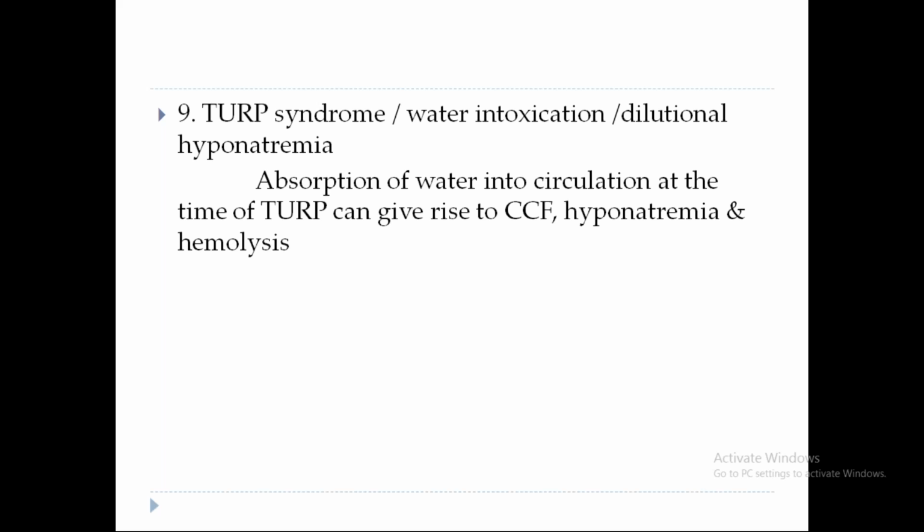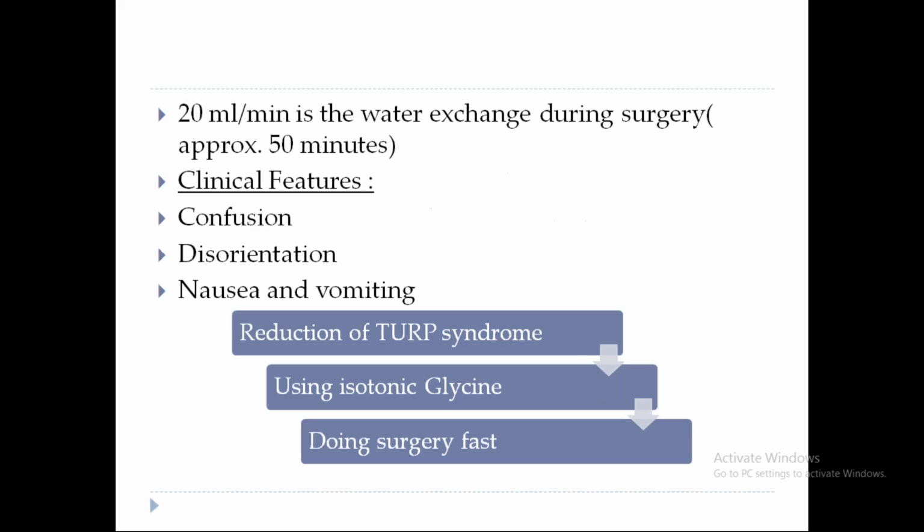The hypotonic solutions will enter the circulation if there is prolonged duration of surgery, because we have to use the irrigation for a prolonged time, and if a larger volume of irrigation is given, it enters the systemic circulation, which leads to CCF and hyponatremia. Every minute, 20 ml of water is exchanged during surgery, approximately for 50 minutes.